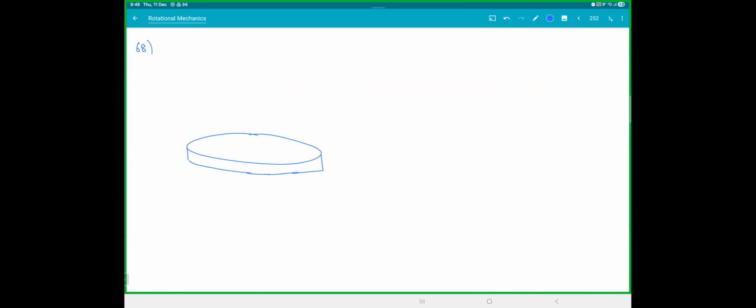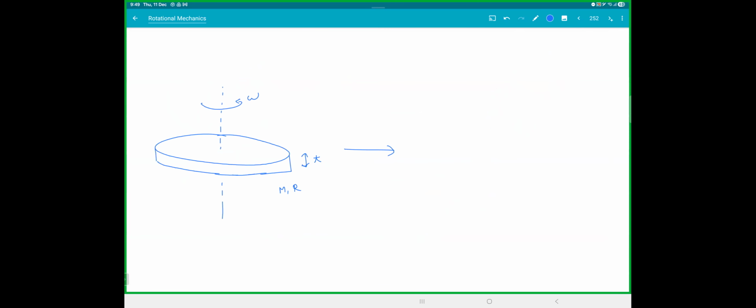So we got a disk here. Thickness T, mass M, radius R. This is rotating with omega. Then what you did, you took another disk, not identical.